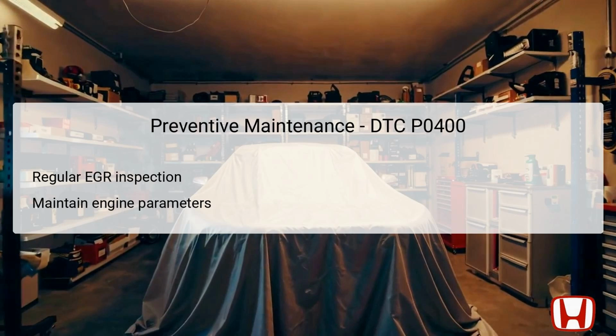Maintaining correct engine parameters, such as coolant temperature, air intake temperature, and air/fuel ratios, is essential to support EGR functionality effectively. Routine cleanings of the EGR system can help dispel carbon buildup that could lead to valve stickiness or blockages. Engaging in proactive maintenance measures reduces the likelihood of experiencing EGR-related problems down the line, saving both time and costs associated with repairs and ensuring compliance with emissions regulations.